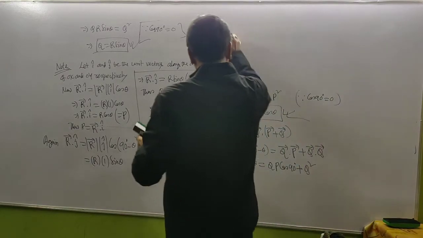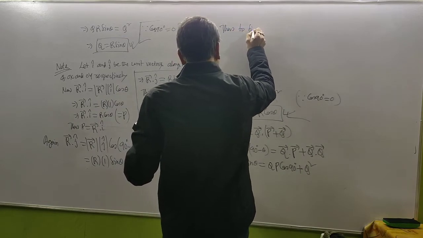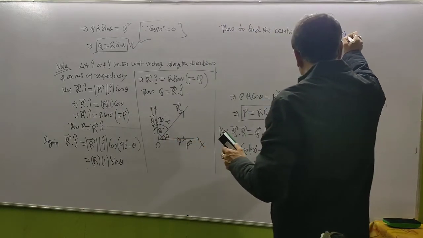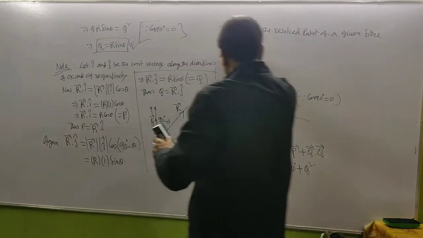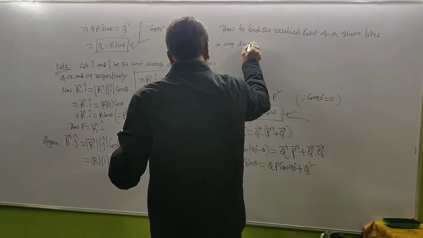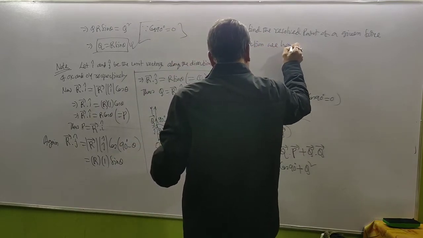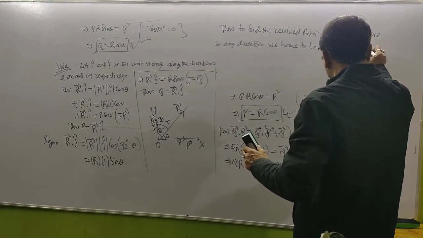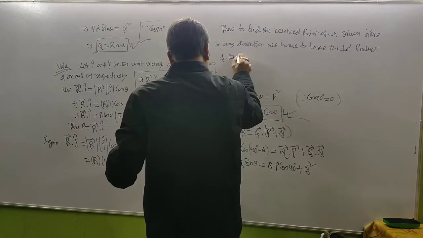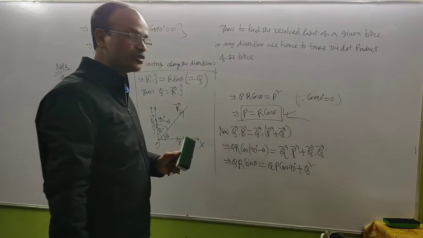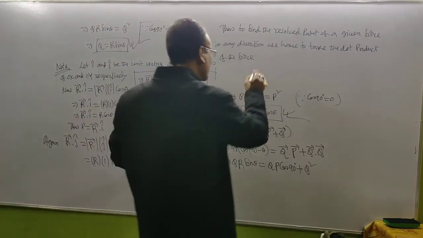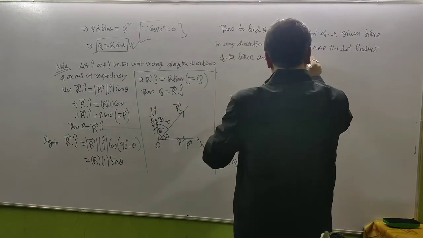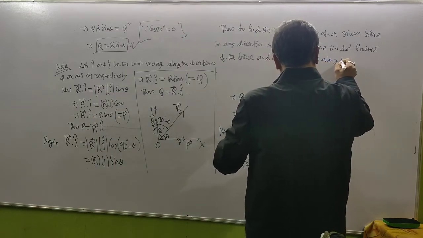Thus, to find the resolved part of a given force in any direction, we have to take the dot product of the force and the unit vector along that direction.